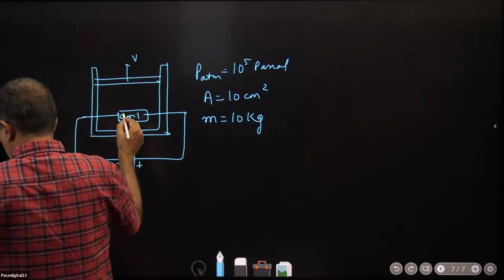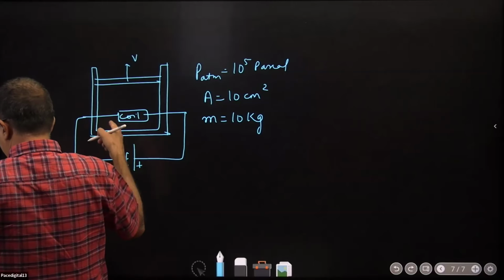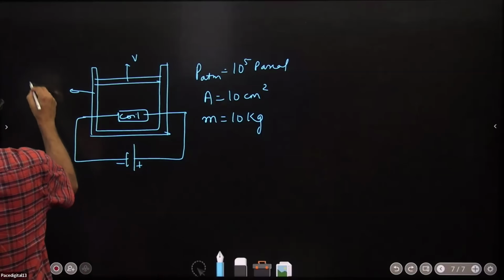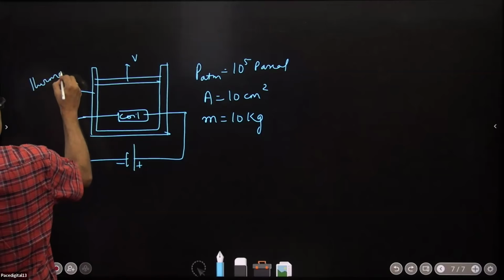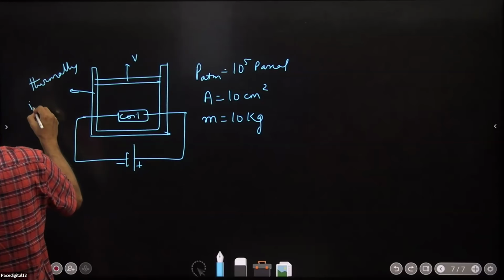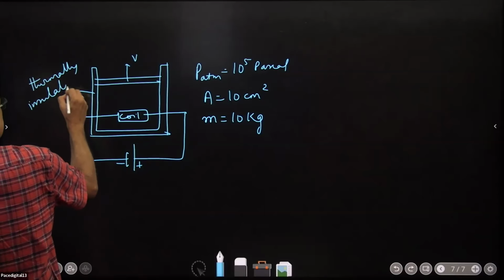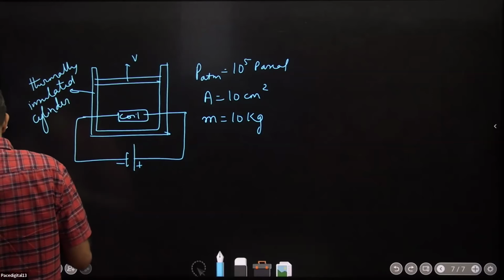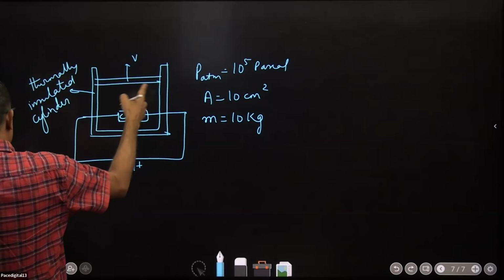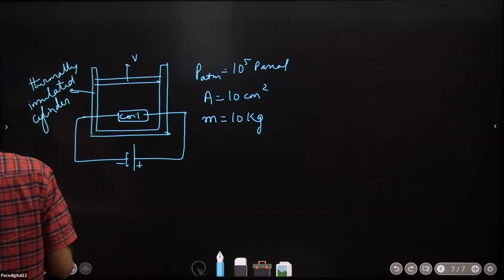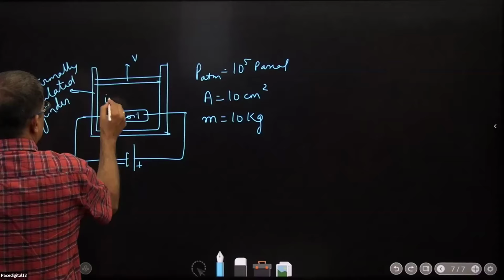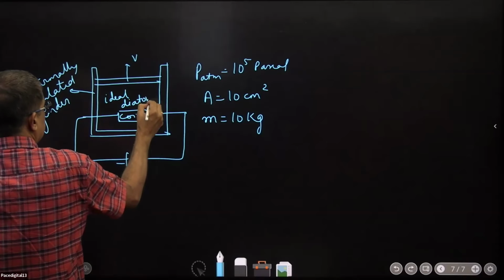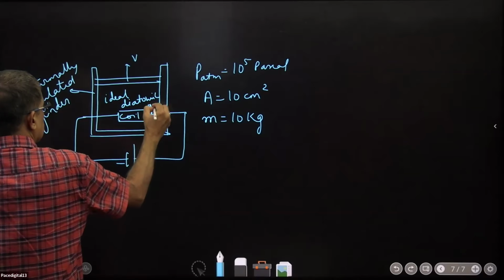A resistance coil wired to an external battery is placed inside a thermally insulated cylinder fitted with a frictionless piston and containing an ideal diatomic gas.